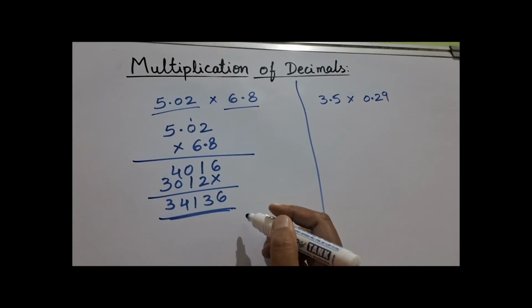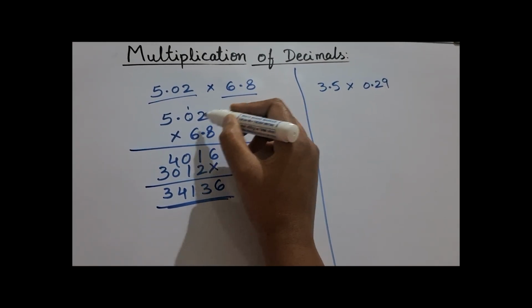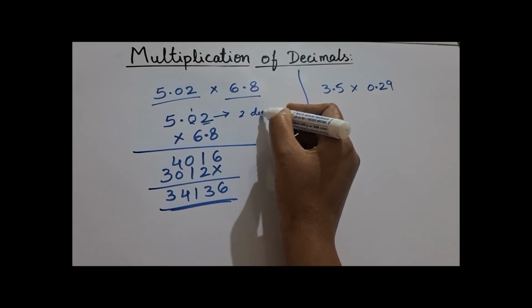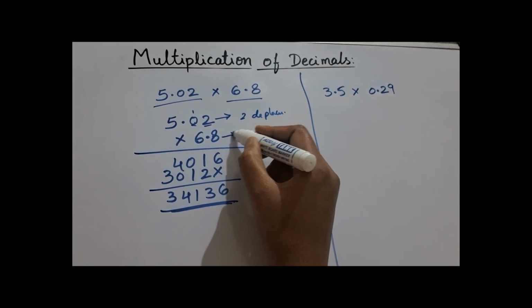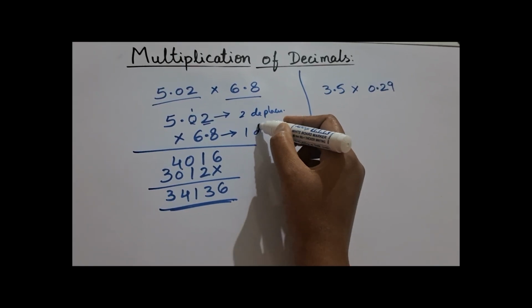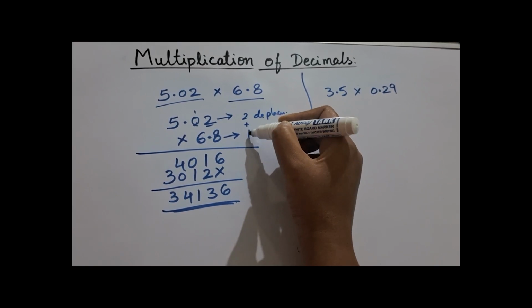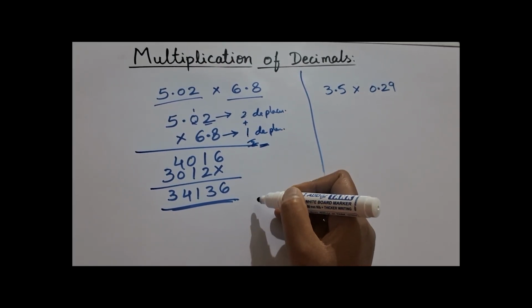Okay. Now, what do we need to do here, children? In this first decimal number, how many decimal places are there? 2 decimal places are there. Okay, children, 2 decimal places. And in the second decimal number, we have 1 decimal place. Isn't it? So you have to add them. 2 plus 1. How much? That is 3. So the answer will have 3 decimal places.